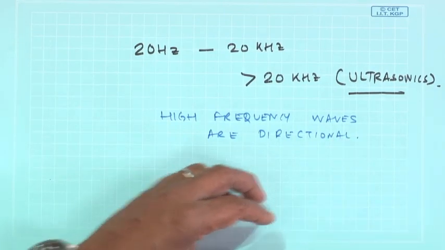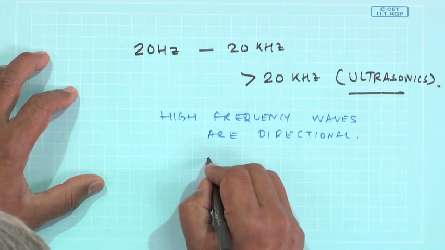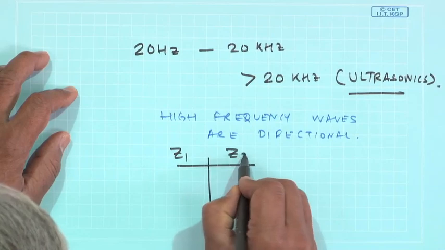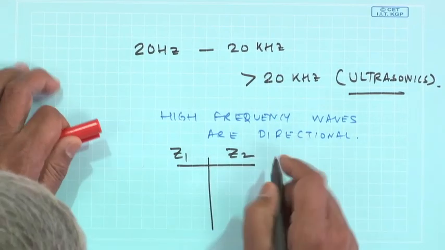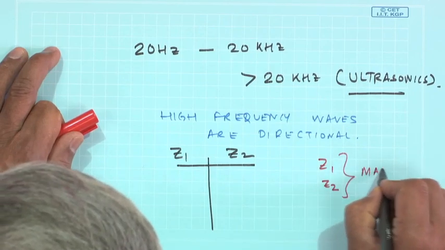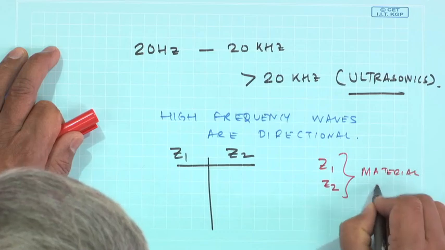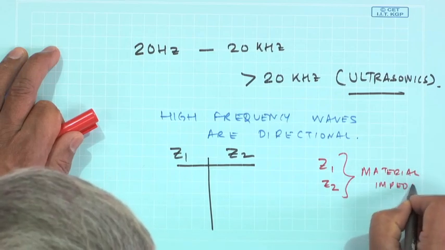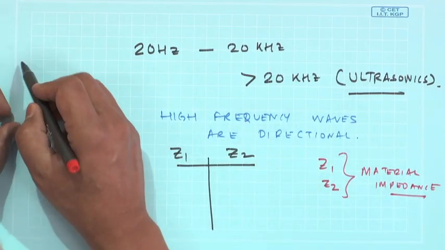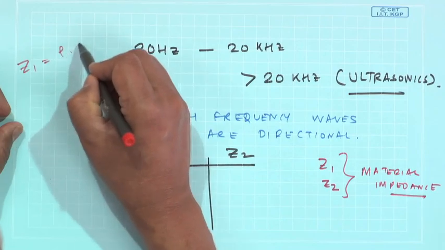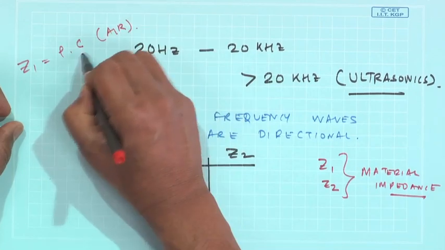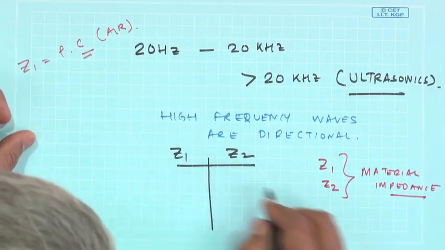Okay. So, if I have two materials with impedance Z1 and Z2, so Z1, Z2 are the material impedance. For example, for air, Z1 is rho times C. So, speed of sound is dependent on the medium.